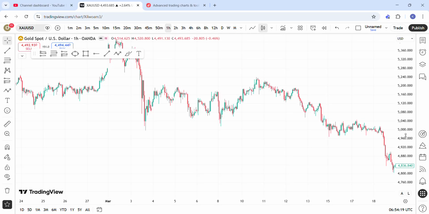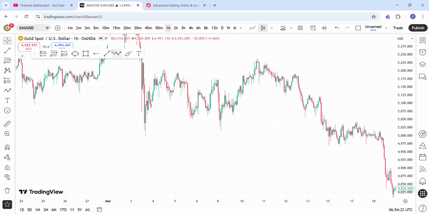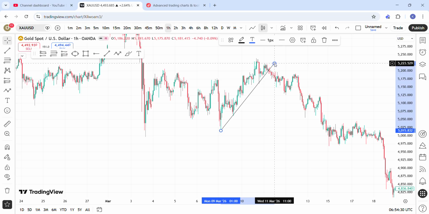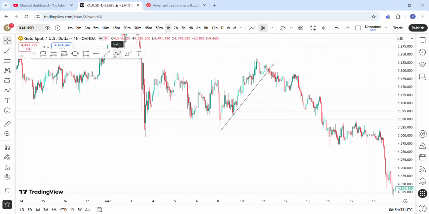See this one here. Break. Price finally came to retest on this for the massive drop. That's it.